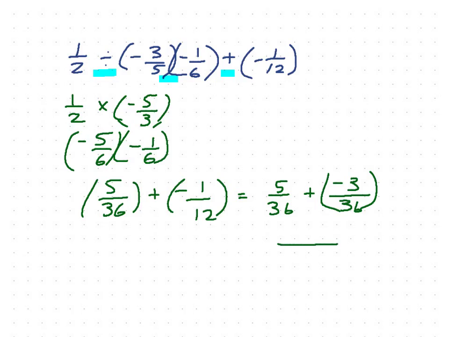Same denominator. When you add fractions, you keep the denominator and you add the numerator. So you're going to end up getting 5 plus a negative 3 is going to be a 2. And then 2/36 will reduce to 1/18.